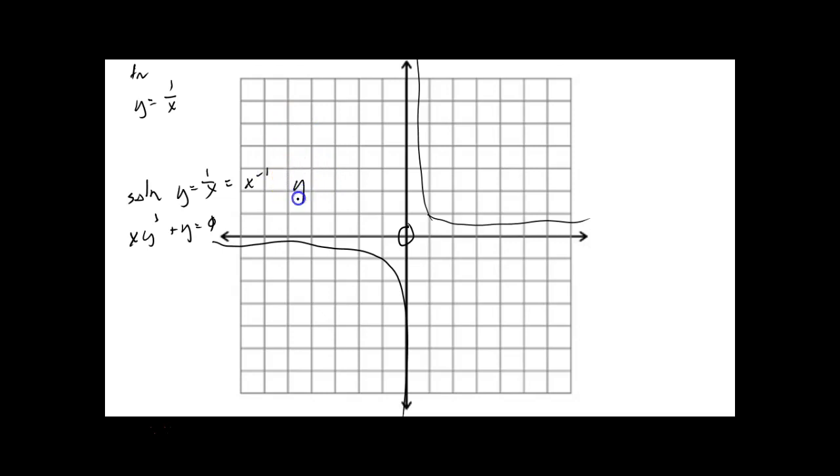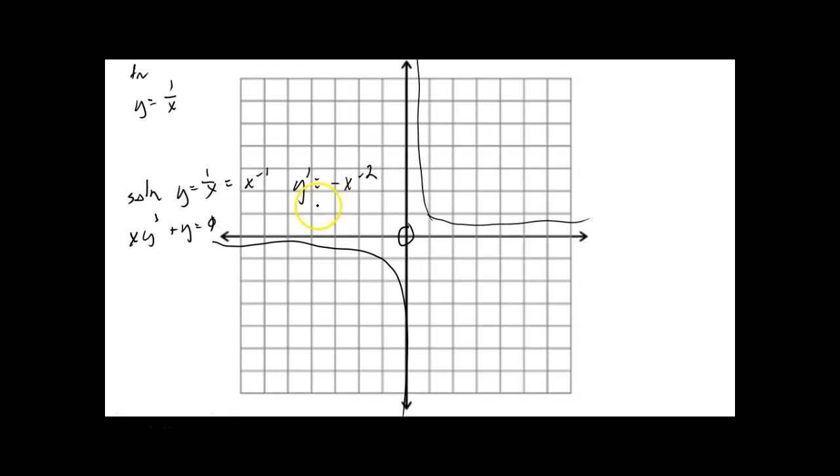Now take the derivative. Y prime is equal to negative x to the minus... No, minus 2. Goodness gracious. I was looking at the wrong thing. Minus 1 times x to the minus 2. Okay, got it.